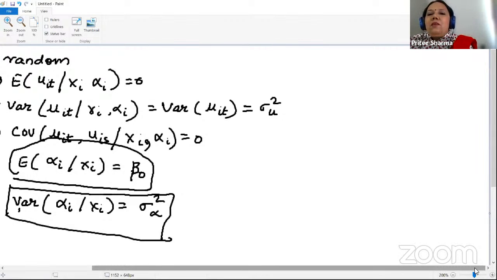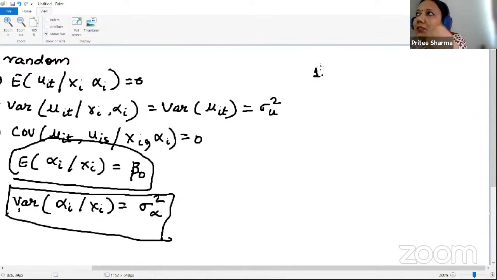So what we do is, this is based on what we have already discussed. Number one, we know that the component alpha, which is also the component of heterogeneity, shows how different the entities are, and that alpha has two components.